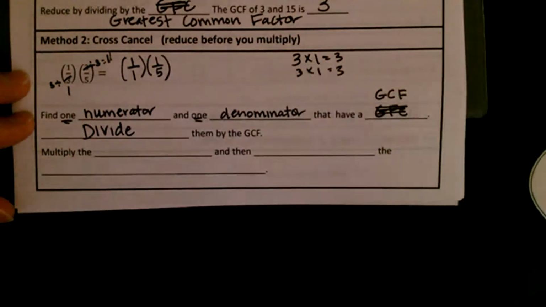Now I multiply. So I reduced them first. I reduced to simplest terms before I multiply. And when you do this with multiplication, it doesn't have to be the numerator and the denominator from the same fraction. It can be one numerator and one denominator, any one numerator with any one denominator.